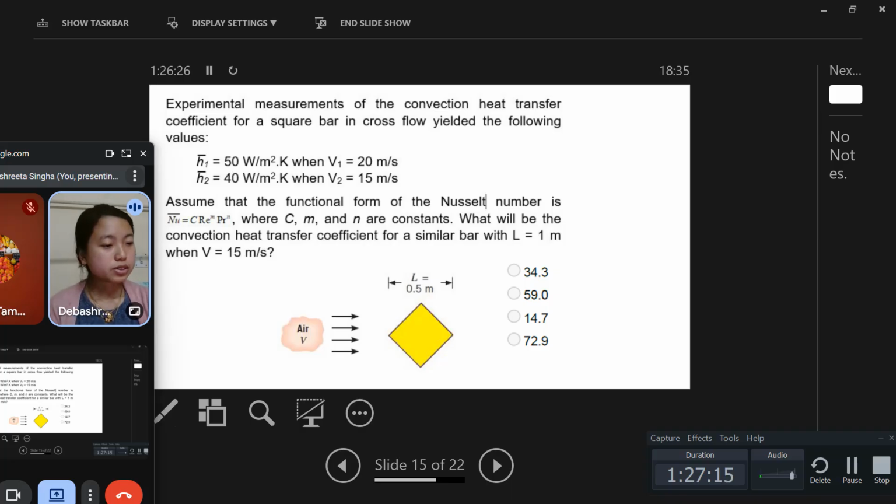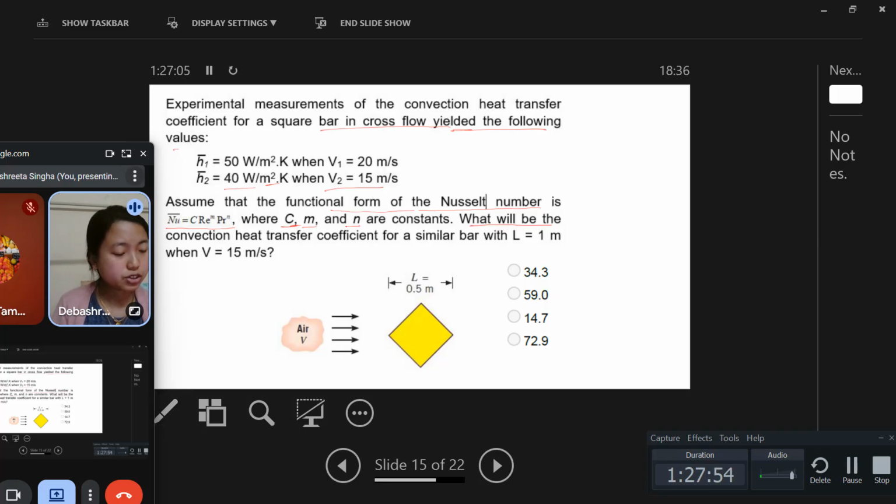The next question: experimental measurements of the convection heat transfer coefficient for a square bar in cross flow yielded the following values. h1 is 50 watt per meter square Kelvin when V1 is 20 meters per second. h2 is 40 when V2 is 15. Assume the functional form of the Nusselt number is Nu equals C Re to the power m Pr to the power n, where C, m and n are all constants.